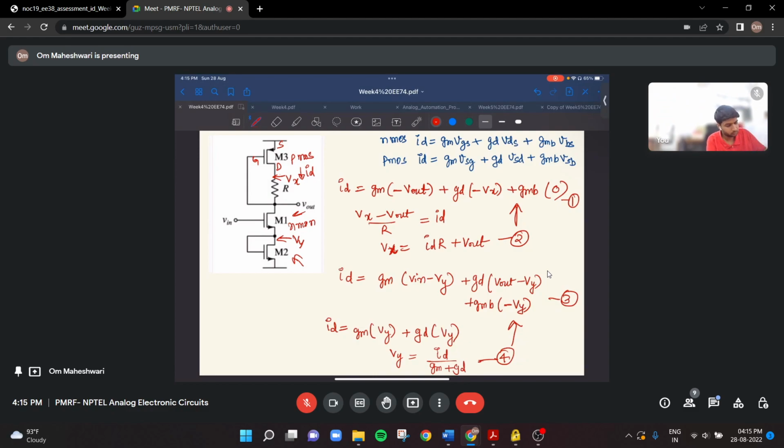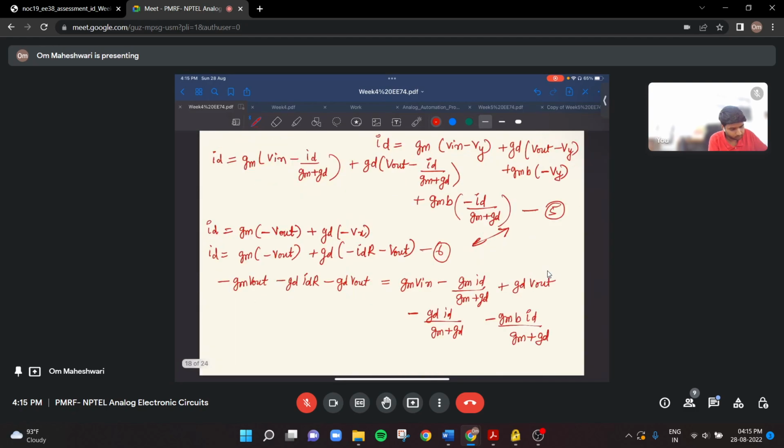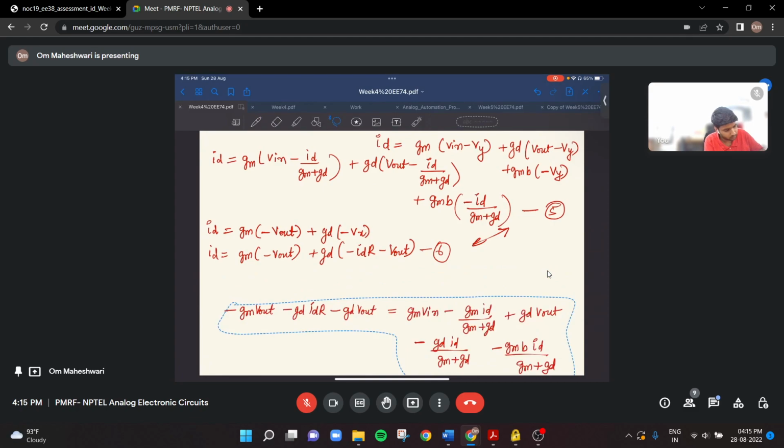Sir, we can put the value of Vx in the first equation and then find the ID. Yeah, you are right. Let me just put it back.